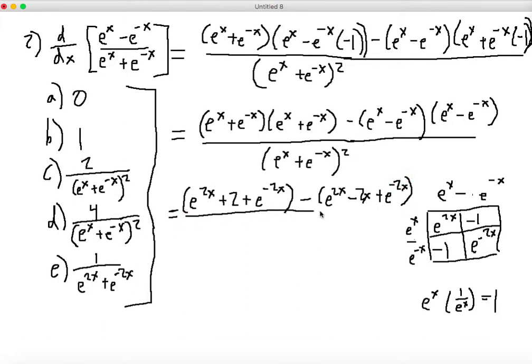And conveniently enough, we're going to have several terms that will cancel up on the top.